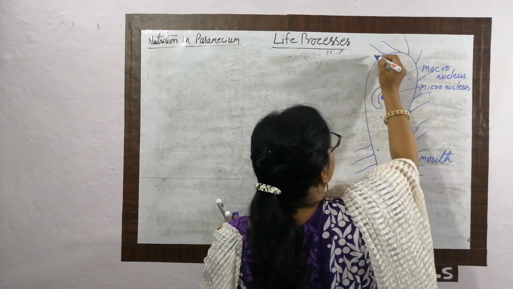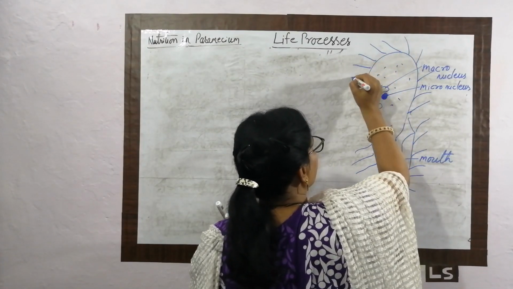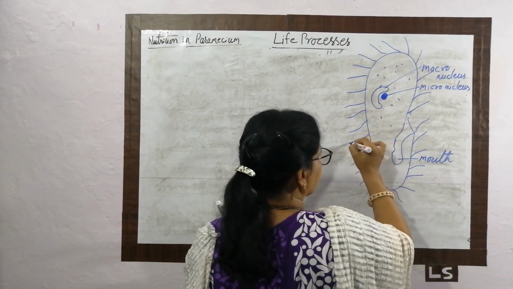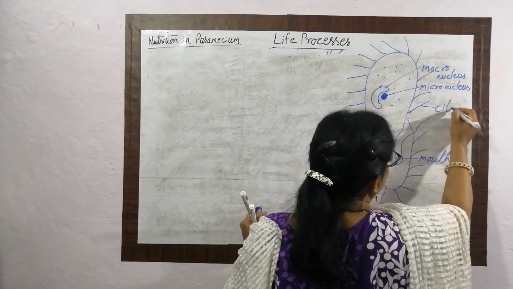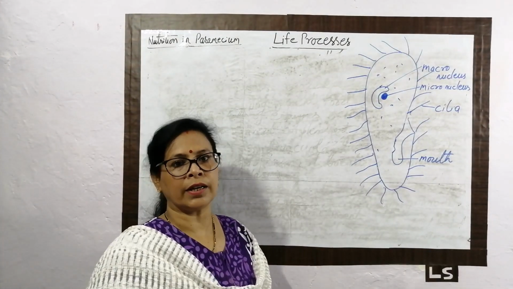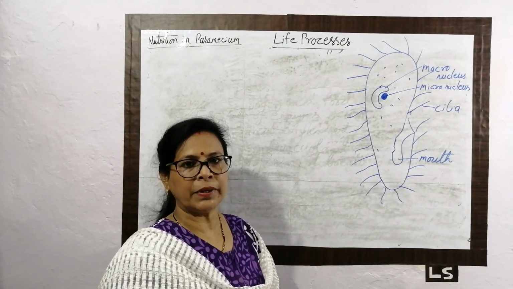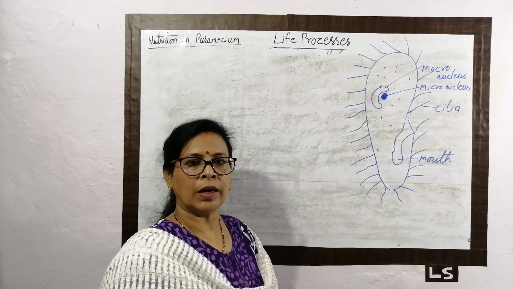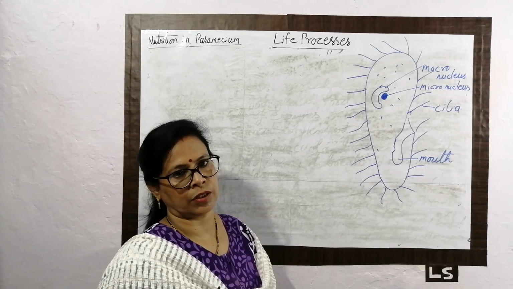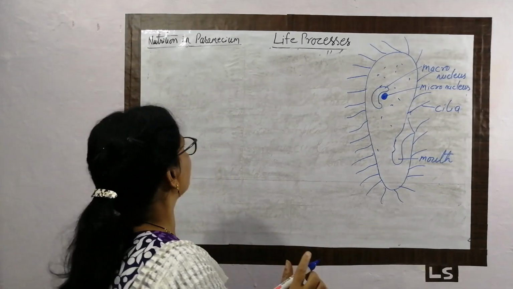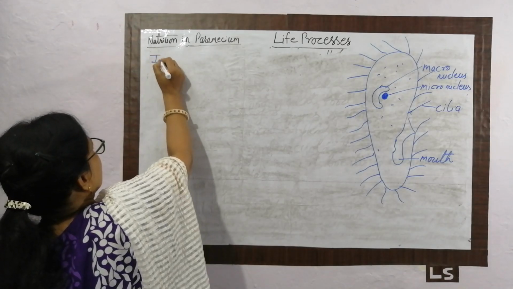Whole body is covered with fine thread or hair-like projections, and that is called the cilia. It also has the same mode of nutrition, that is the Holozoic nutrition. It means the 5 steps of nutrition are there: ingestion, digestion, absorption, assimilation and egestion. All the processes are similar as in the amoeba. Only one process is different, that is called the ingestion.